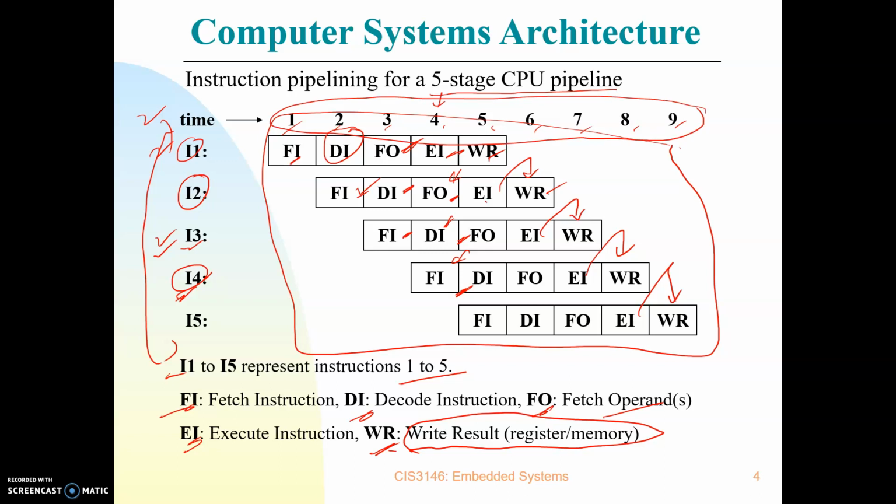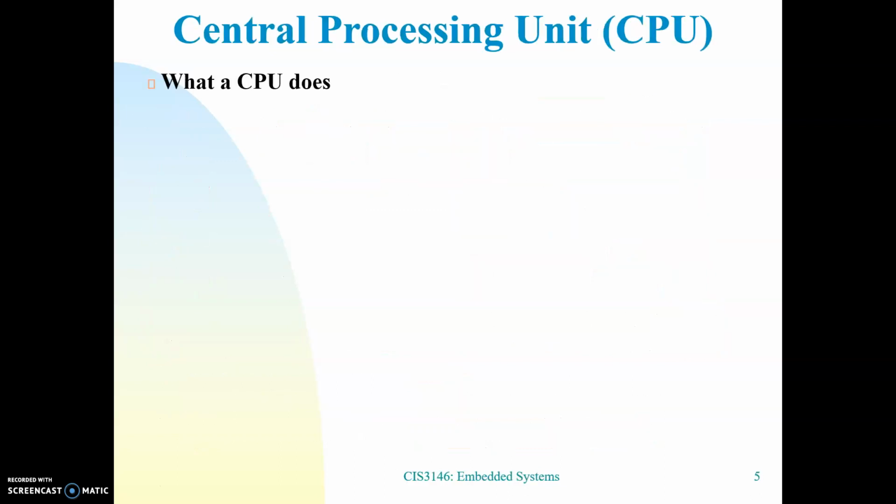Now next we will see how the CPU works and what the different tasks the CPU performs. Here we are going to discuss the CPU. I already explained the CPU is one of the primary components of a computer system.